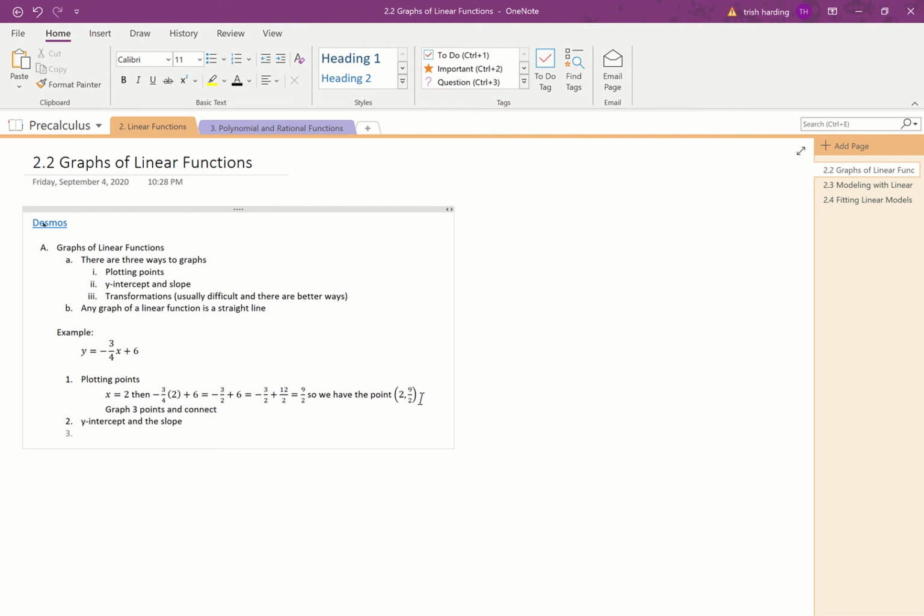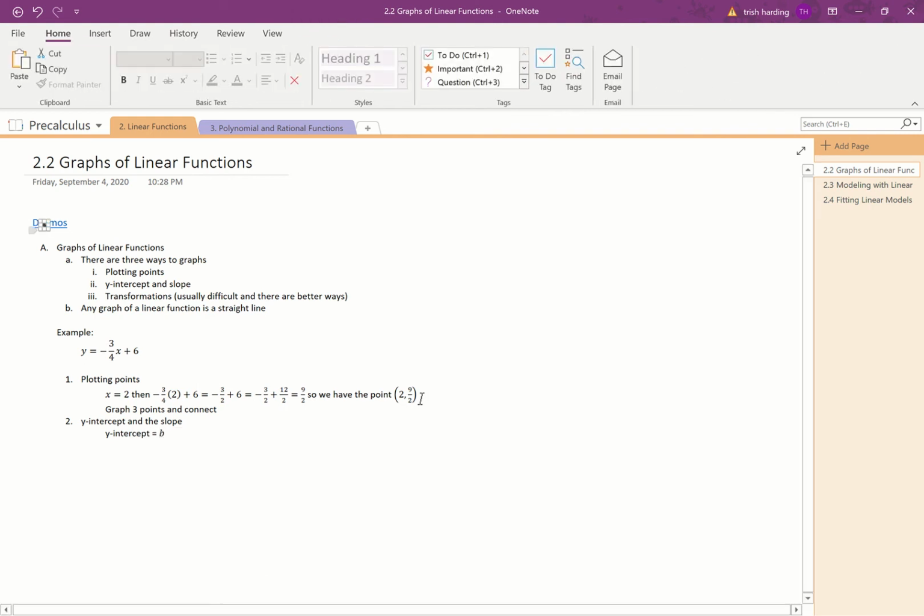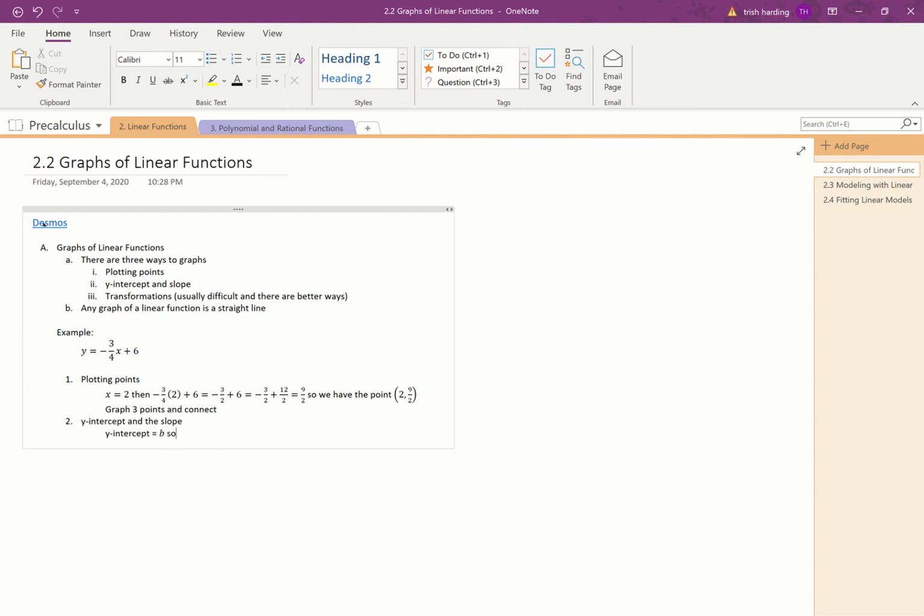So remember the y-intercept equals b. So in our function, the y-intercept is 6.